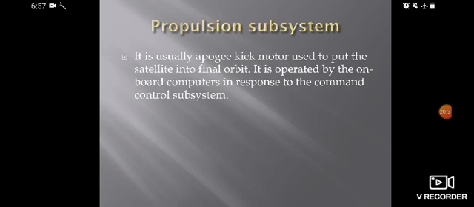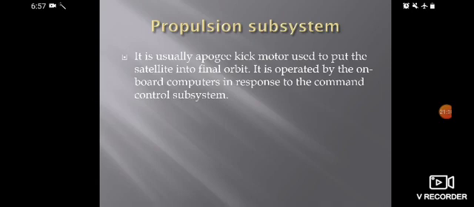I have already told what a perigee is and what an apogee is. Apogee means the longest path, and the shortest path is called perigee. In the previous class I told about apogee and perigee. Clear?